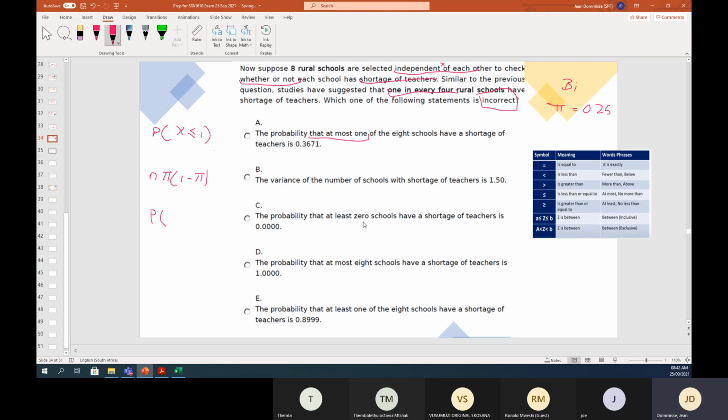The probability that at least 0, the probability that at most again, the probability that at least, sure.